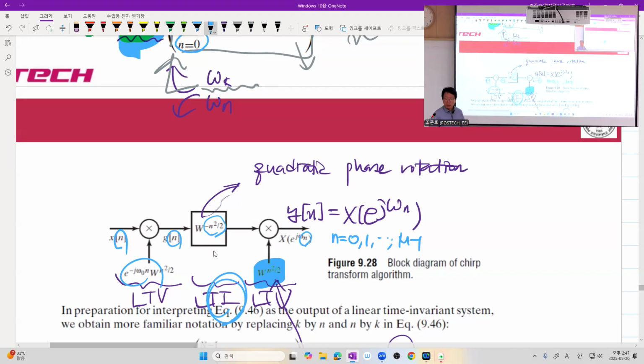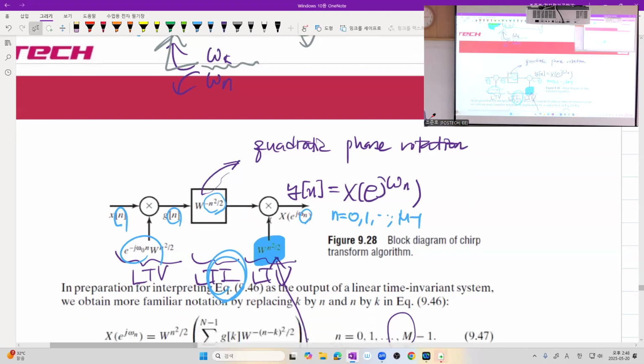Ready? So be careful. In chirp transform algorithm, or similarly in the chirp Z transform, what we do is that we convert the transform to what? A linear time varying system consisting of what? Time varying signal multipliers and an LTI system. Got it?